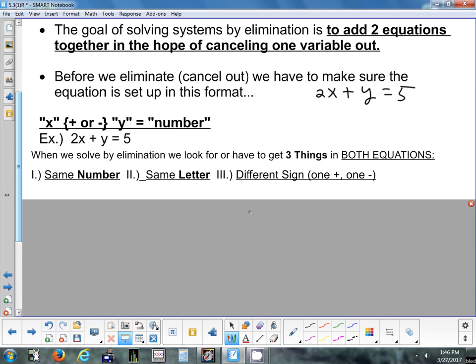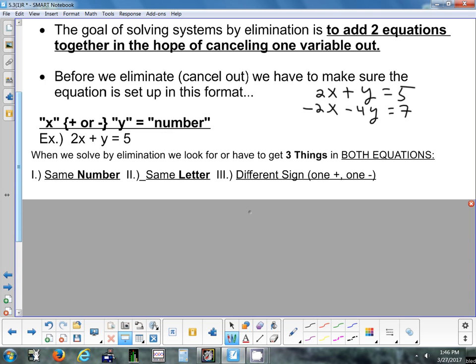So guys, that's the same number, same letter, different sign, so one positive, one negative, right? That's what you're looking for, all right? It might not always be that easy. Sometimes you might have to change the equation around a little bit to get what you want, and we're gonna talk about that in just a second. But that's what you're always looking for, right? Same number, same letter, different sign. You might have to change something, all right, to make that happen.